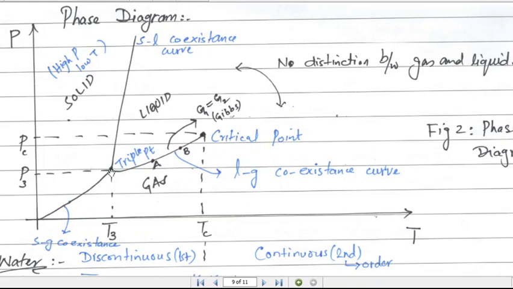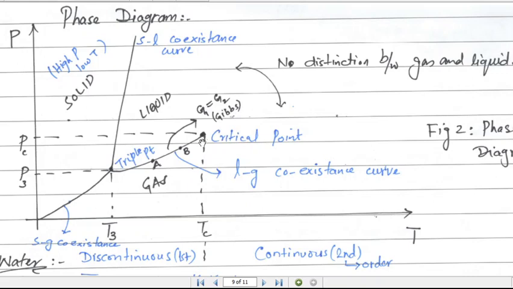The other important point is that this line, that is the line between the solid and the liquid phase, goes on forever, whereas the line which exists between the liquid and the gas phases terminates at a certain point, which is known as the critical point.